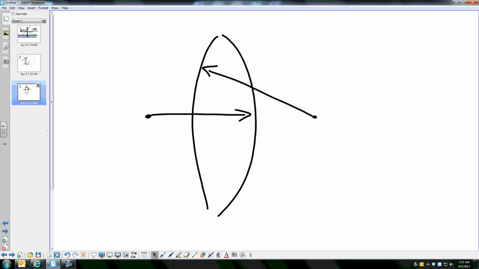Good. Yes, sir. I want to say, they could actually also be called ellipses. I don't believe an ellipse would be a good idea for lens making. I think you want the curve to be an arc of a circle, not an ellipse.